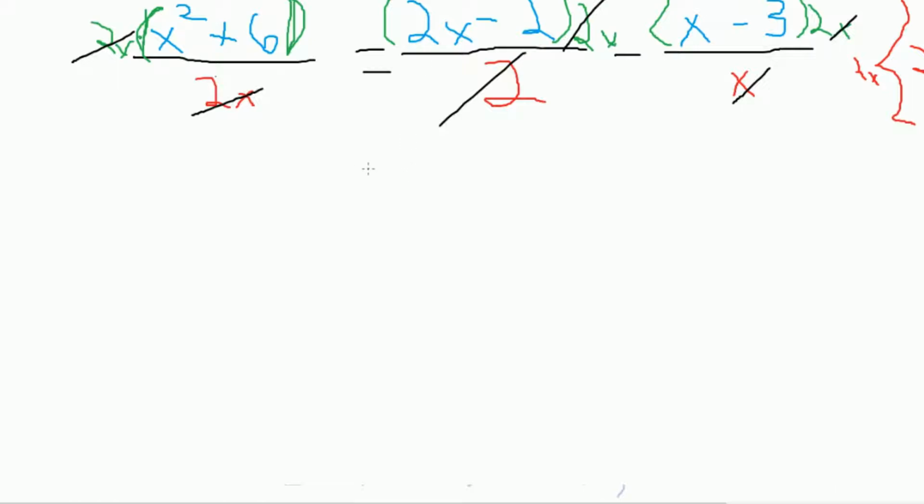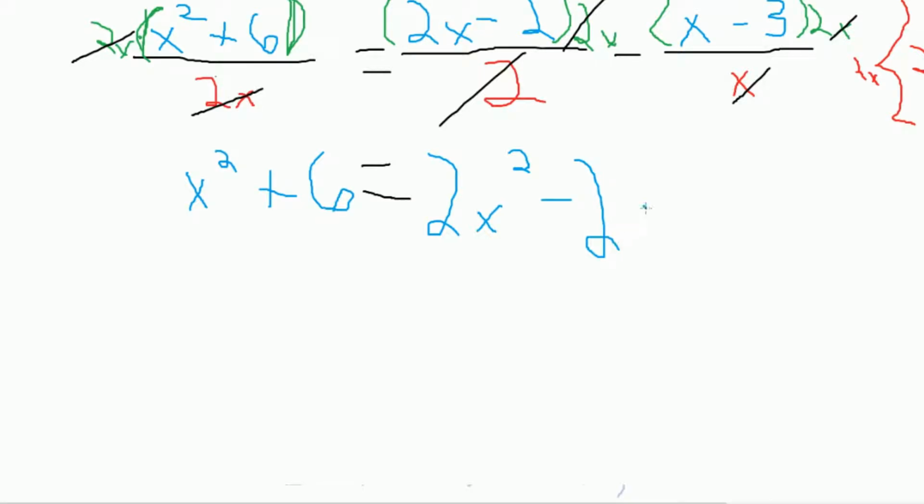So if you were to solve this all out, you get x squared plus 6 is equal to x squared minus 2x minus 2x plus 6.